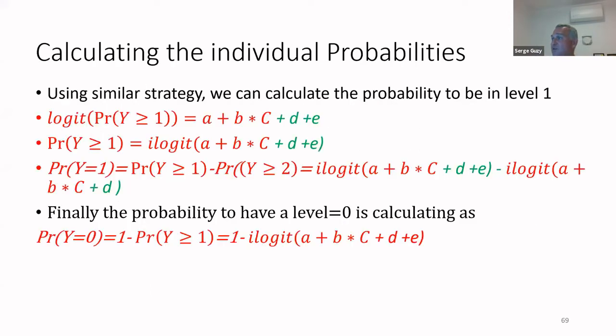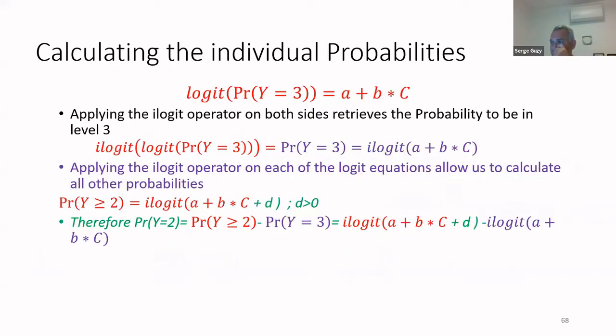And the probability to get 2 is basically I logit of A plus B multiplied by C plus D, minus I logit of A plus B multiplied by C. Then you can see that it's very easy for you.